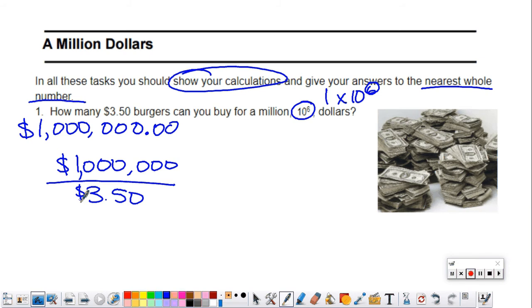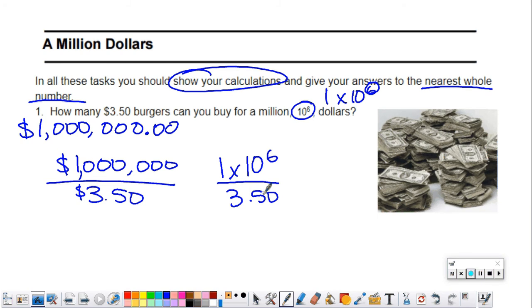So this is the same thing as 1 times 10 to the 6th power divided by 350. Okay, so I'm going to have open parentheses. I'm going to do 1 times 10, and then the exponent sign is this little arrow on top of, or the key right above, the division sign. Okay, the arrow above the division sign is the exponent.